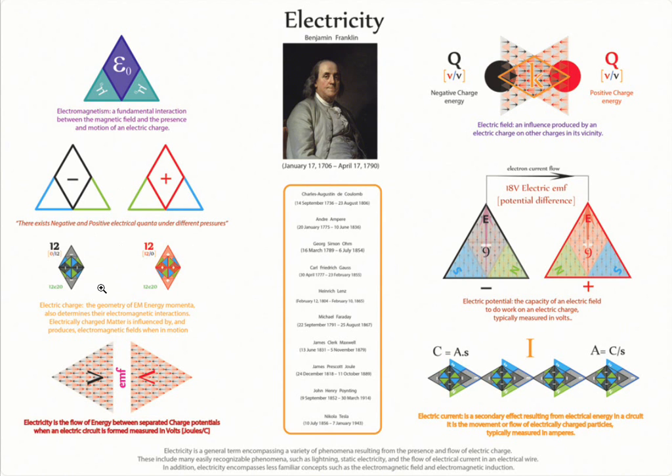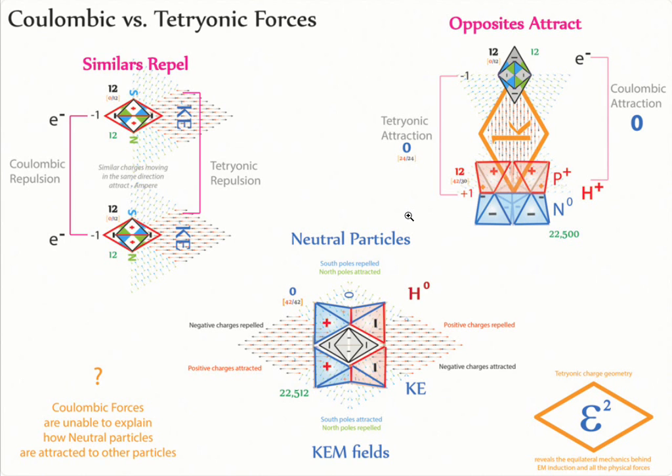What we have now is a situation where, now that we know the geometry of all these energy momenta and their forces, we have to reinterpret or re-educate ourselves on our prejudicial ideas of what the mathematics is describing, and change the mathematics where it's incorrect.